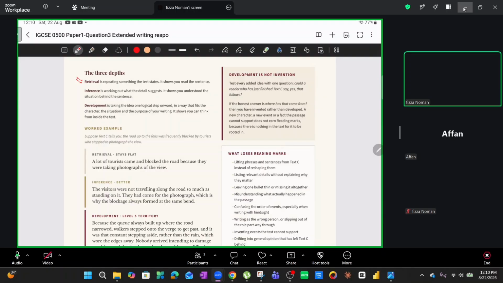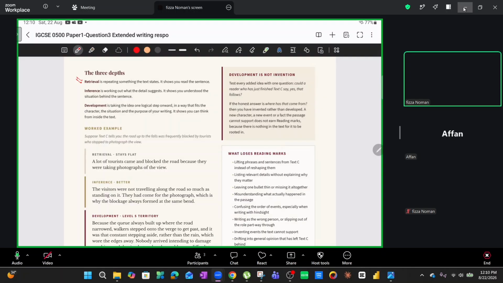It's basically clues given in the passage, and those clues come together to help you understand and define whatever is being suggested. So basically, it shows you understood the situation behind the sentence, reading in between the lines to the best of your ability. Then we have development.